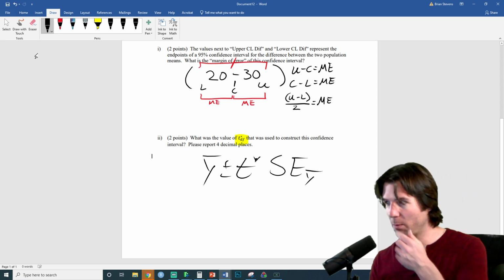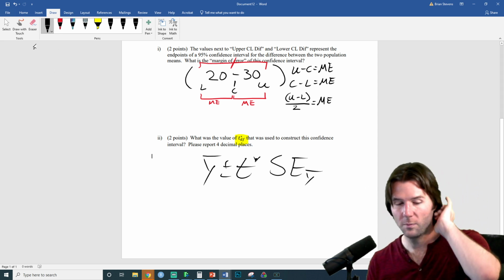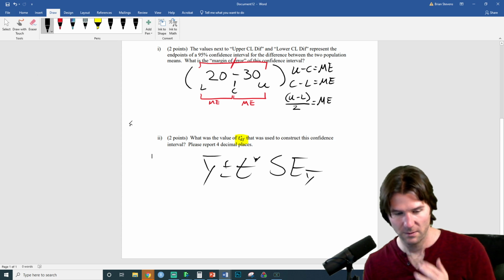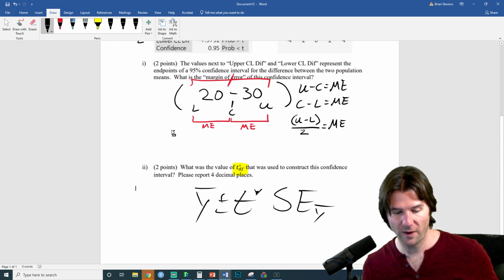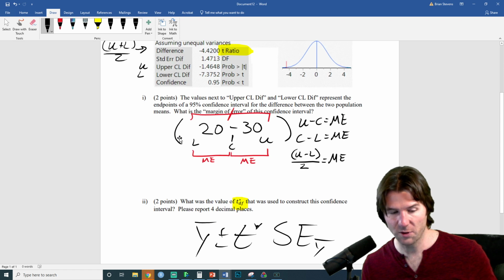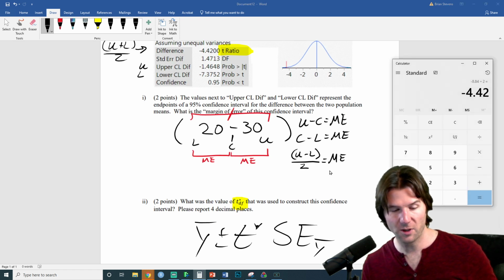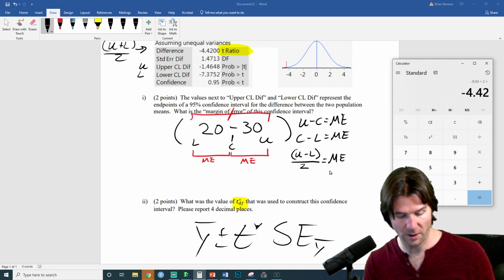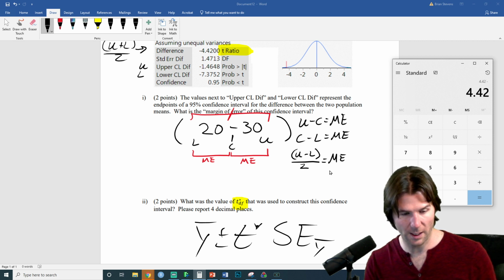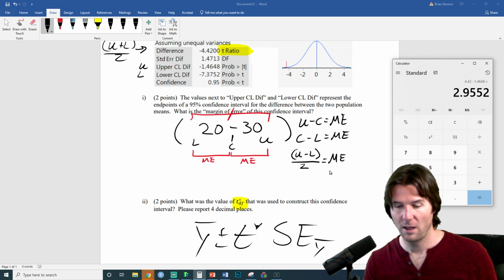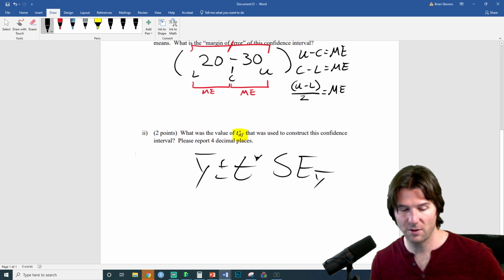And so we need to put in here the standard error. Now, what we know is the margin of error, which we just found a moment ago. Let's find the margin of error. I'm going to do it another way: 4.42 minus 1.4648. And that's the margin of error, so 2.9552.